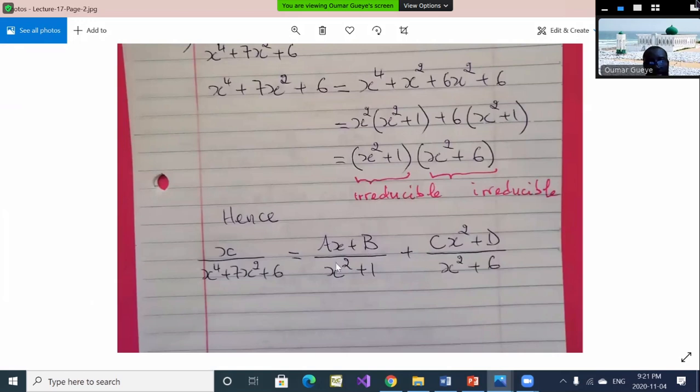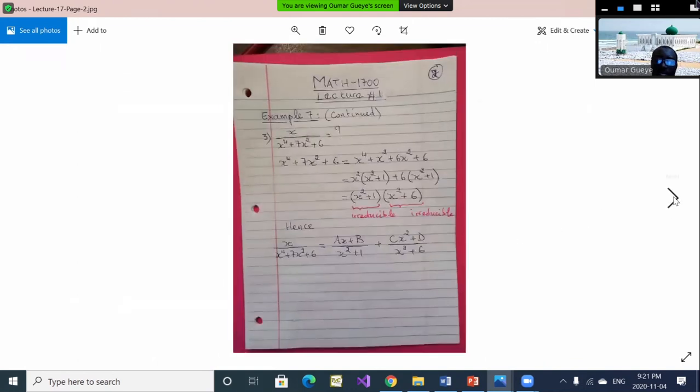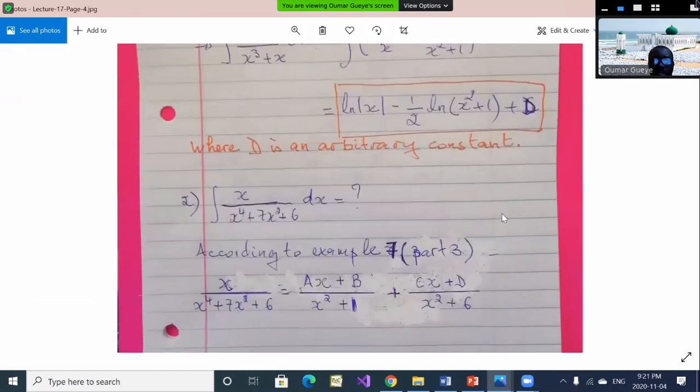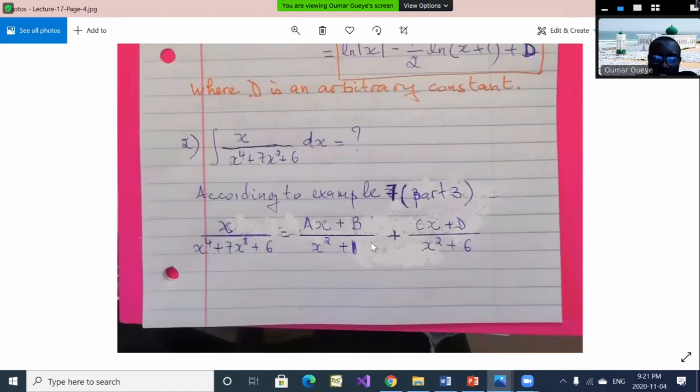It's the same rational function, but today we're going to integrate it. And to do so, we need to find the coefficients A, B, C, and D. If you look at your notes, you already have it. Since I already have the partial fraction decomposition, the next step is to find these coefficients, and then we will integrate our function.